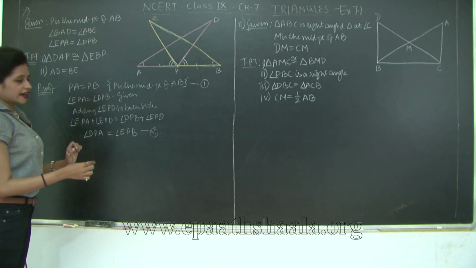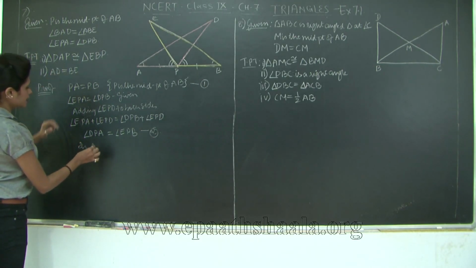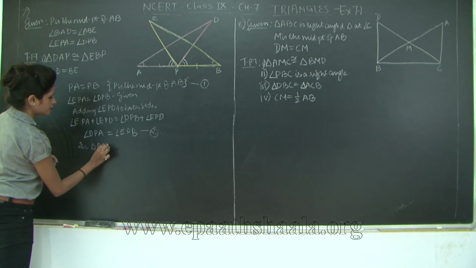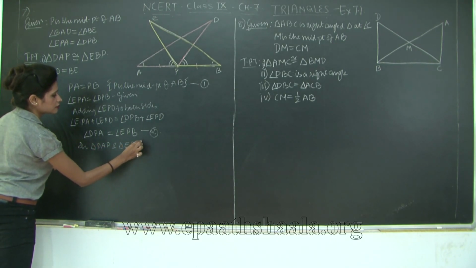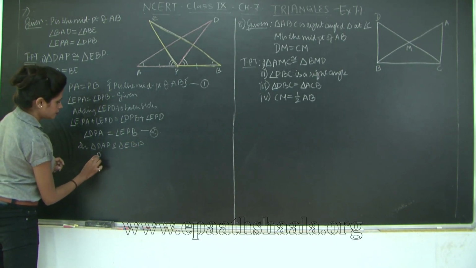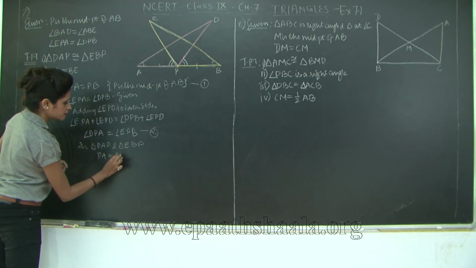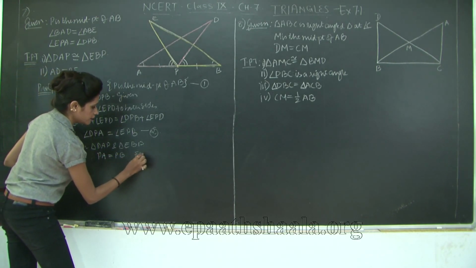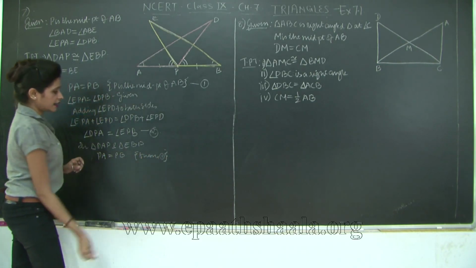Now we'll take the two triangles into consideration. So in triangle DAP and triangle EBP, what do I have? I have PA is equal to PB, and I'll say from 1, correct?